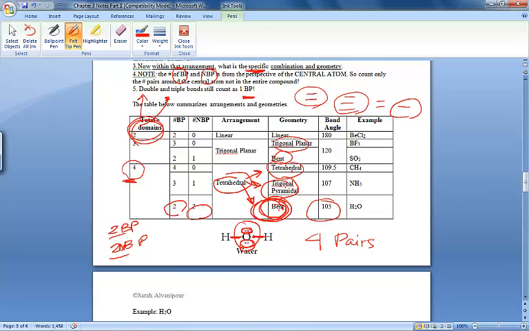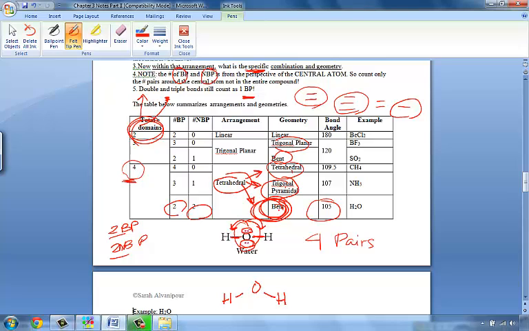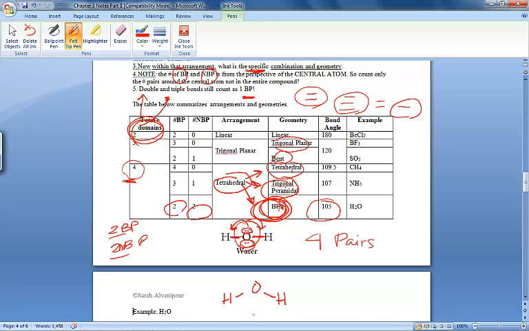And therefore, what this does is it strains or pushes down on these bonds. And so the true shape of water is not so much a flat line, but rather this sort of bent configuration. And that's why you would see water written like this more so than you see on the previous page.